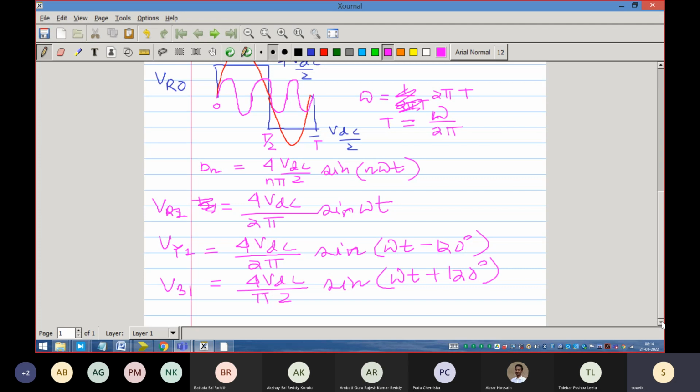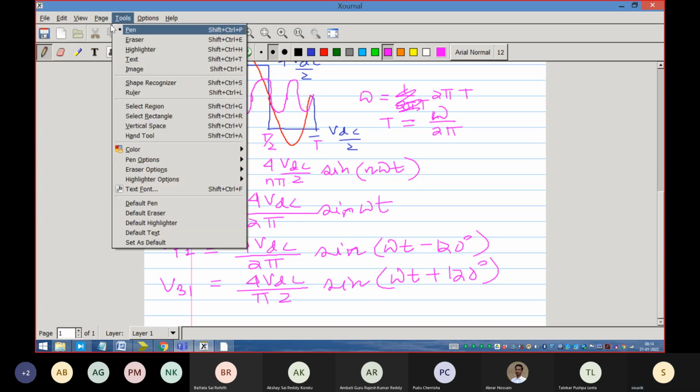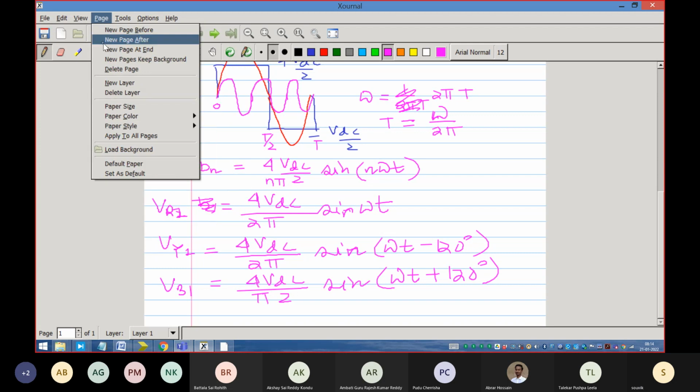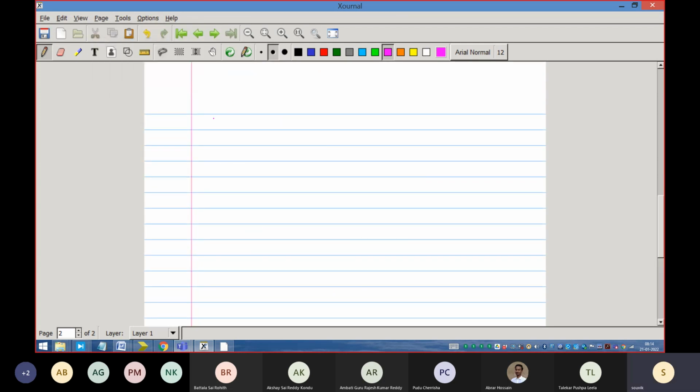What will be the harmonic components of the waveforms? Let us say the third harmonic. Third harmonic means VR3, which will be 4 into VDC by 2 by 3 pi into sine of 3 omega t.